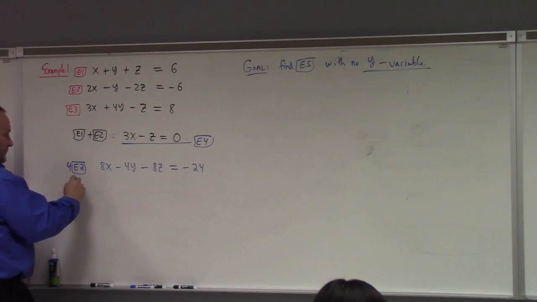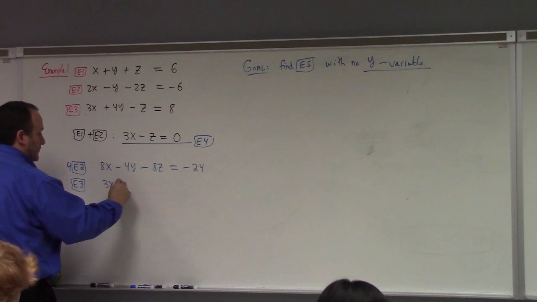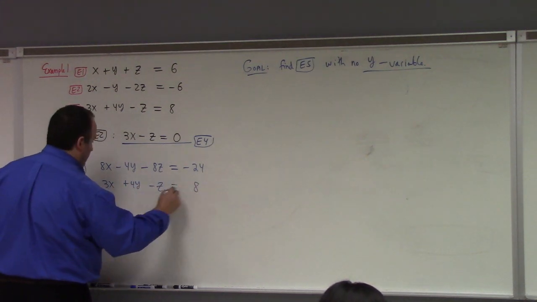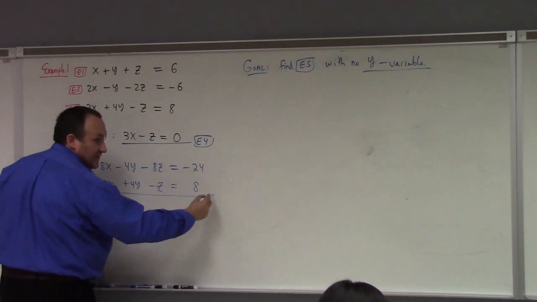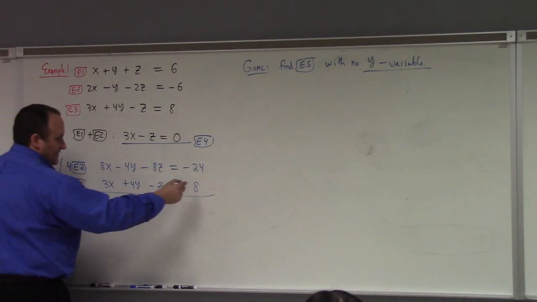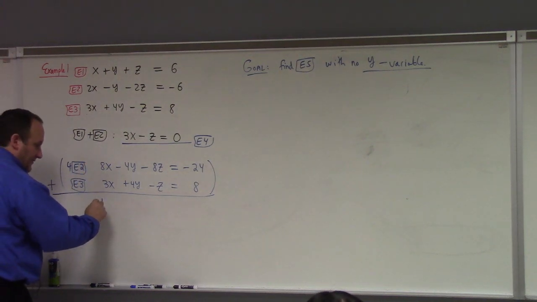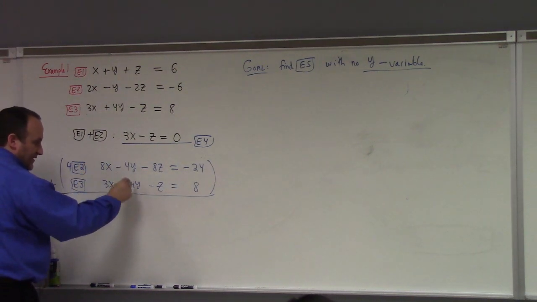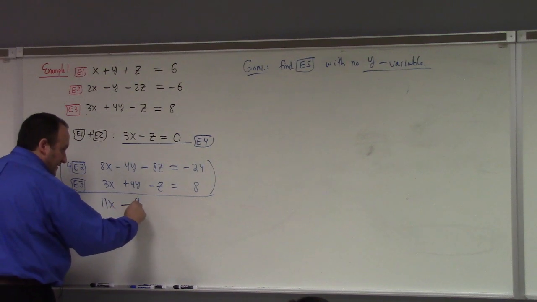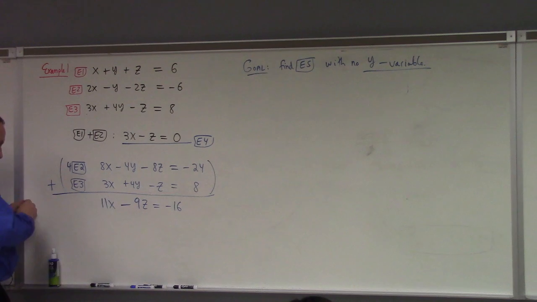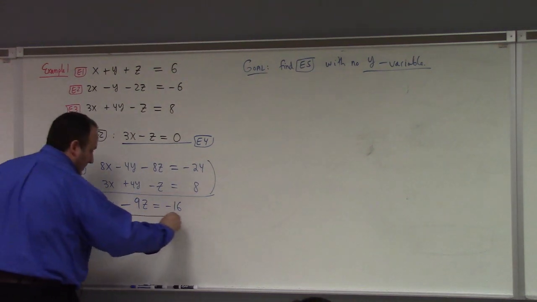And equation 3, right, is 3x plus 4y minus z equals 8. Now, this should go better, right? We're just going to add these equations. What happens? We get 11x, the y's cancel, minus 9z equals minus 16. That is what we're going to call equation 5. All right?